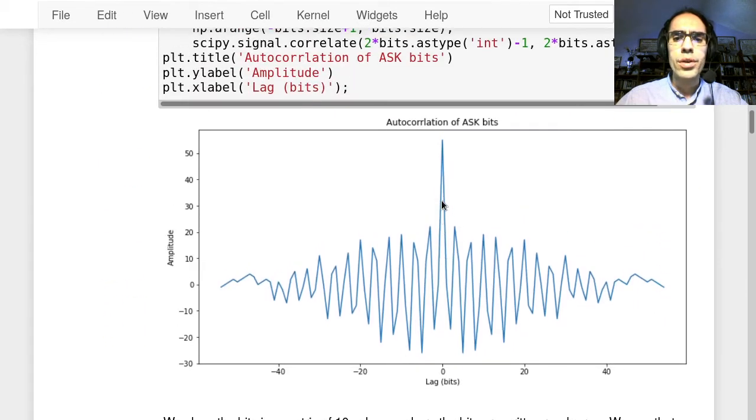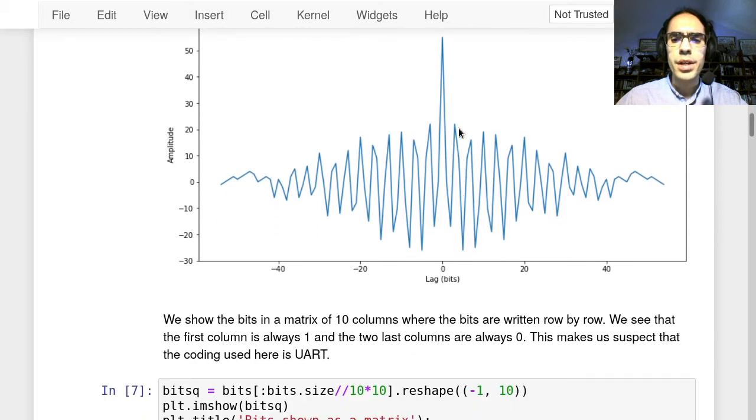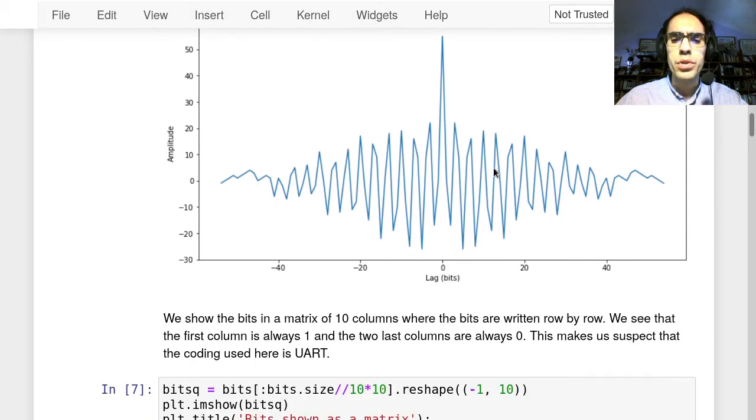So if we look at the autocorrelation either of this on-off keying sequence or of the 6 GPS-like speakers data, we see some peaks at delays multiple of 10 and also more multiples.